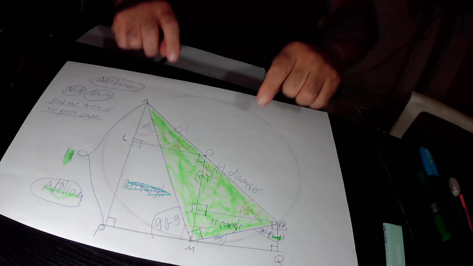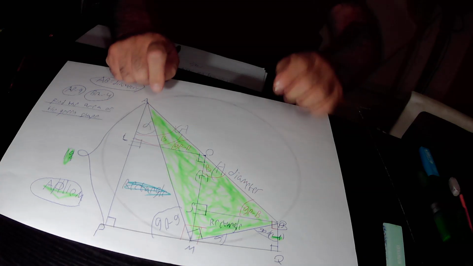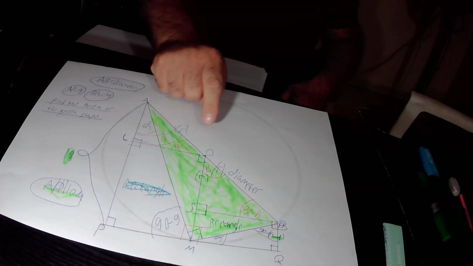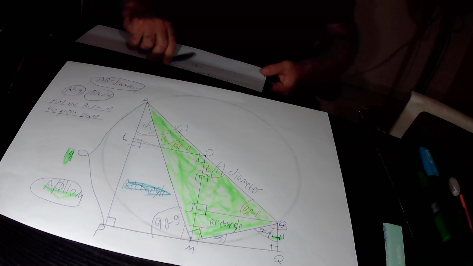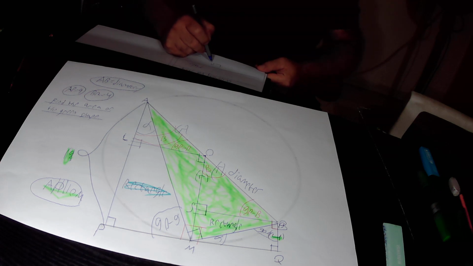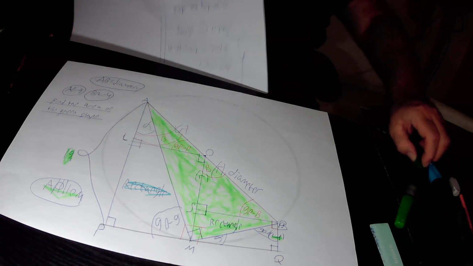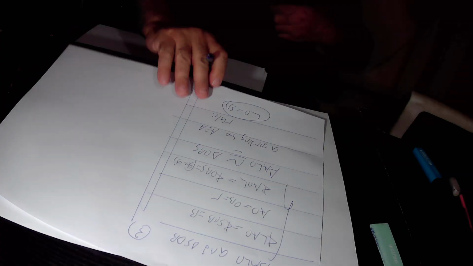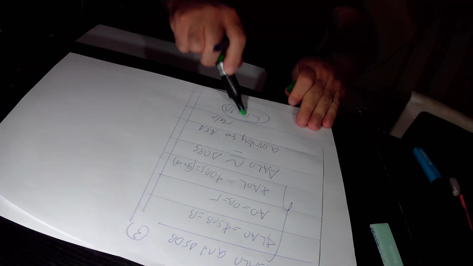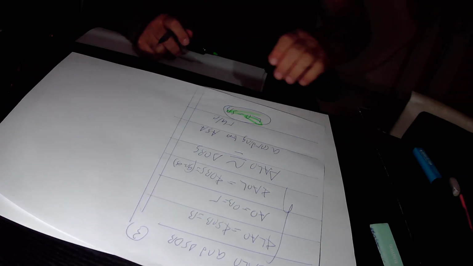And from the fact that those two right triangles can go into each other, we derive that LO equals SB. Why is LO equal to SB?